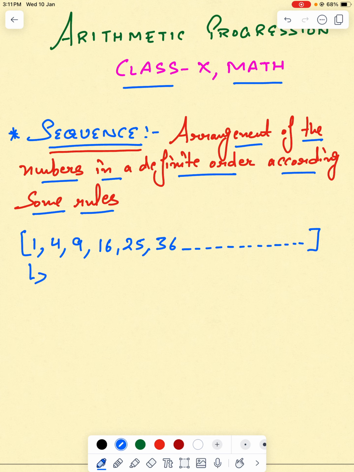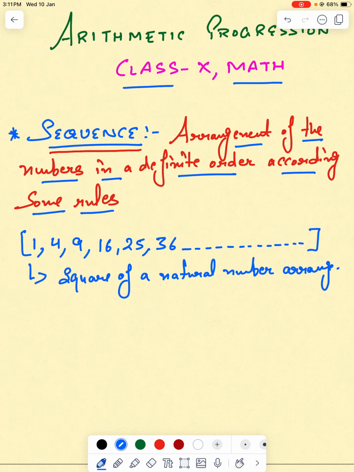What is it? It is a sequence that is the square of natural numbers, arranged in the ascending order.